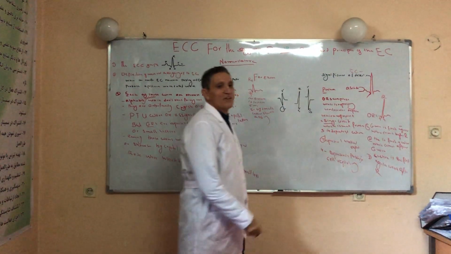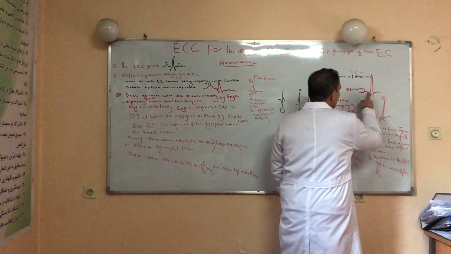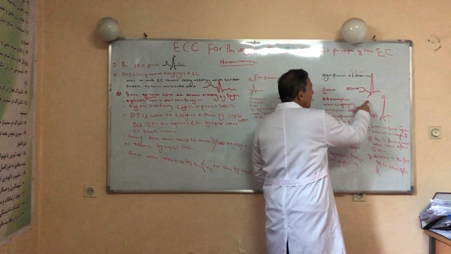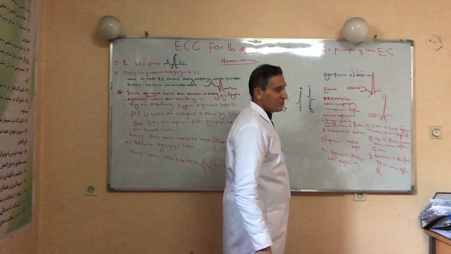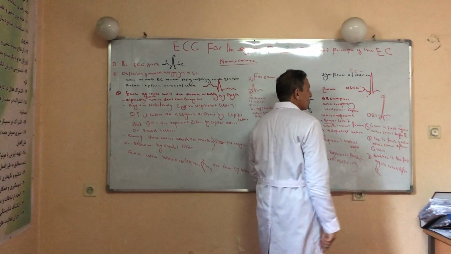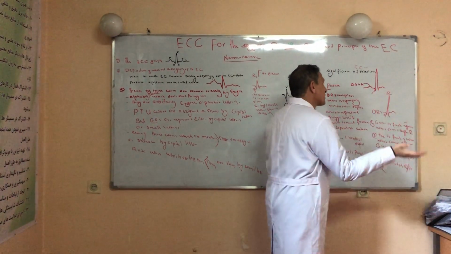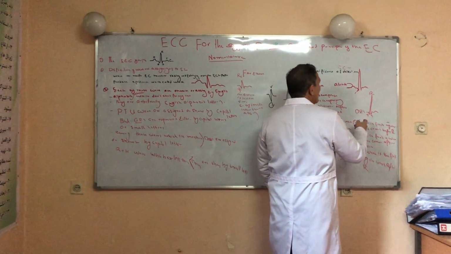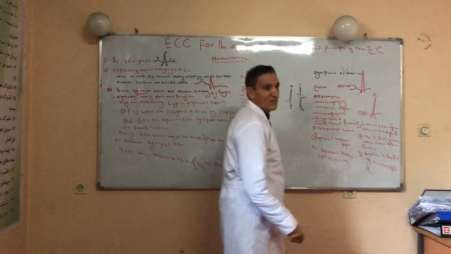What is the Q wave representing? Septal ventricular depolarization in limb leads. The Q wave is the first negative wave which comes before the R wave. R is the first positive wave which comes after the Q wave. And S is the first negative wave which comes after the R wave.